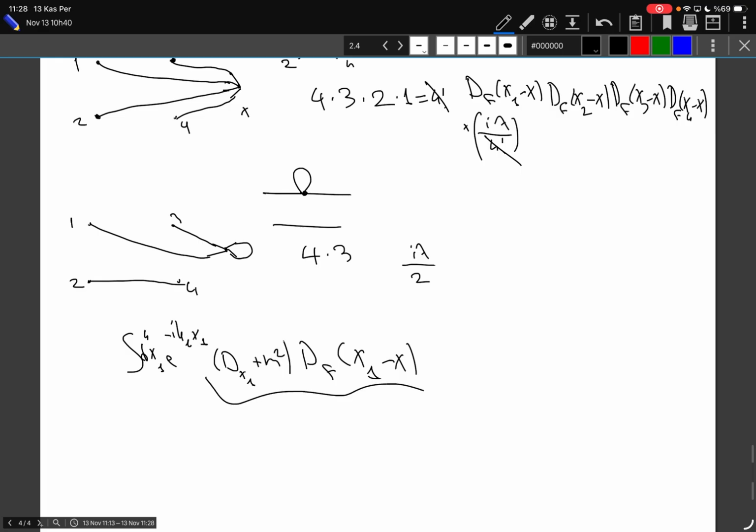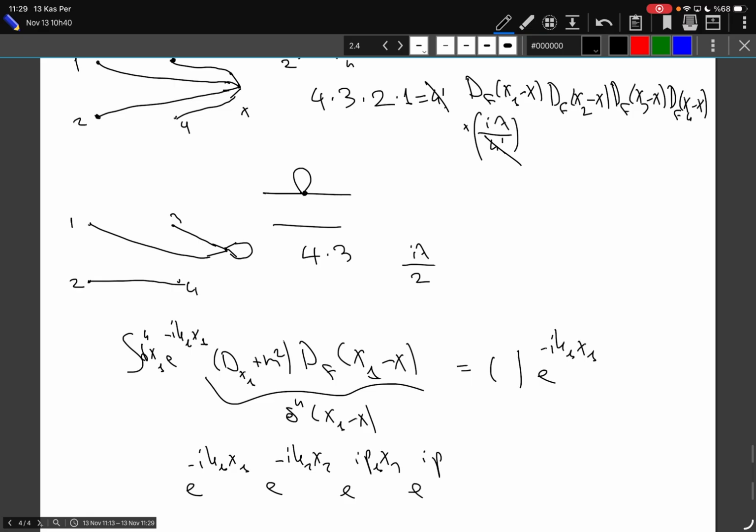Well, this is just a Dirac delta function. So this integral, with certain coefficients, will just give me e to the power minus i k1 x1. What will the other terms give me? They will give me e to the power minus i k1 x, e to the power minus i k2 x, e to the power i p1 x, e to the power i p2 x.